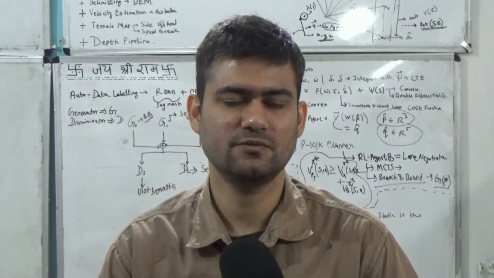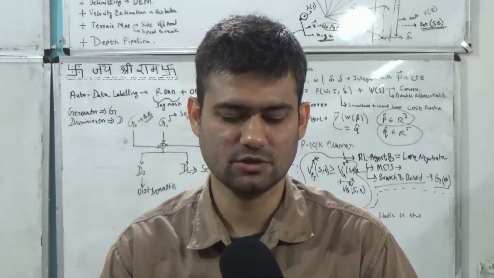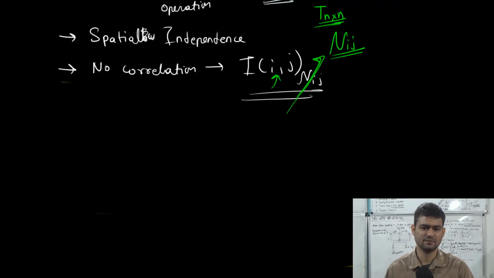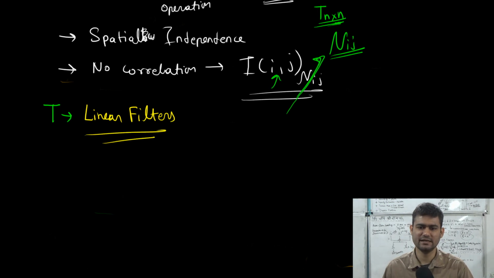So now we'll start our discussion with some of the filters that are useful for image smoothing, and we'll see most of these filters are linear. So we'll start our discussion with linear filters. That is, they are linear in the pixels and the neighborhood of a pixel.